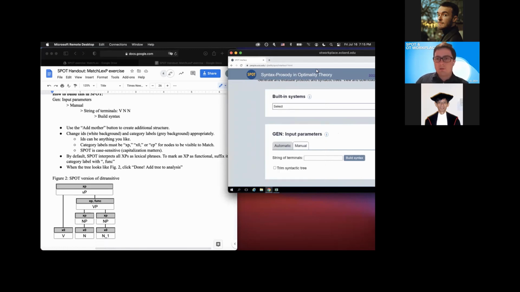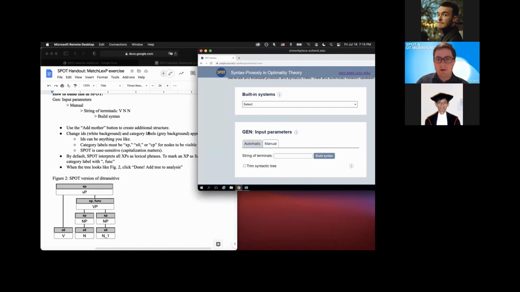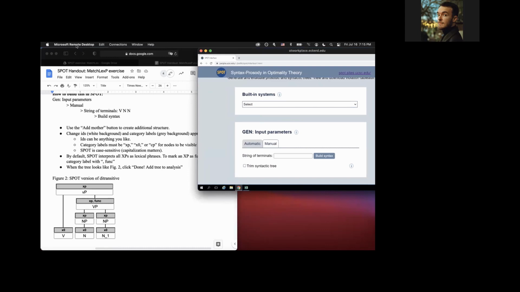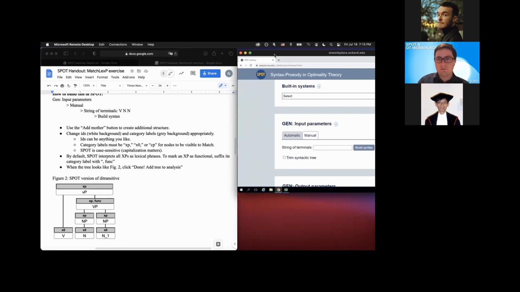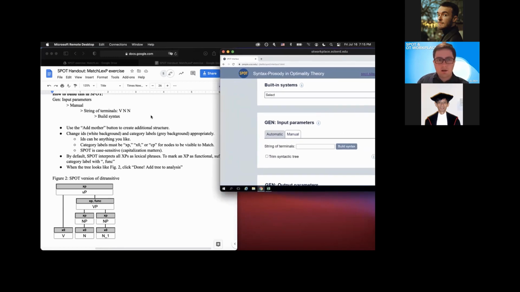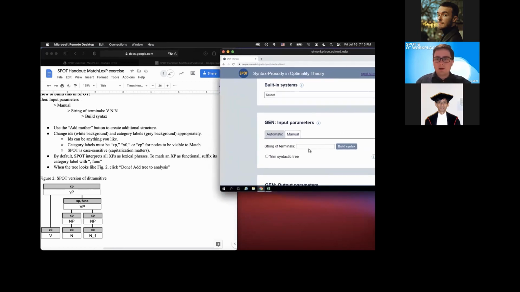Because we already have a structure in mind that we want to build, we're going to use the manual setting instead of the automatic one. And our string of terminals is going to be just verb, noun, noun, because that's all we have in the ditransitive structure. So we just enter that here and then click build syntax.